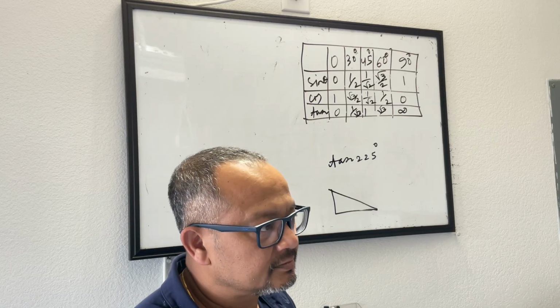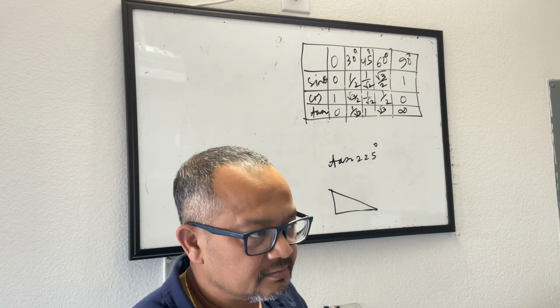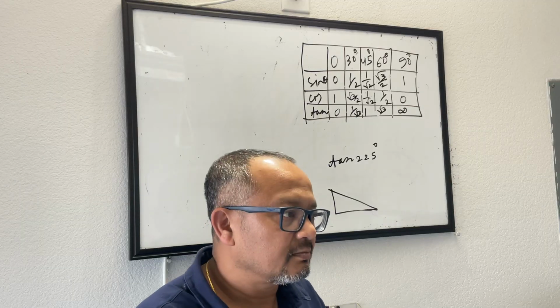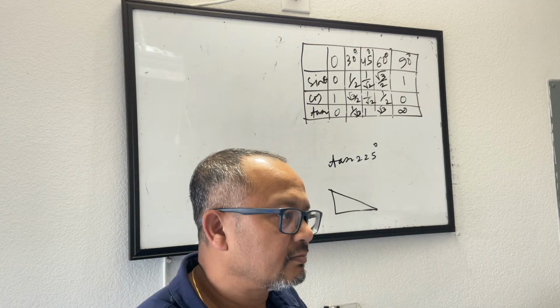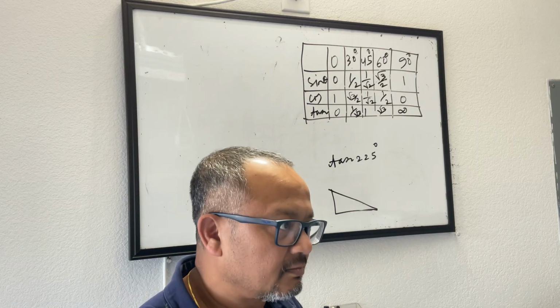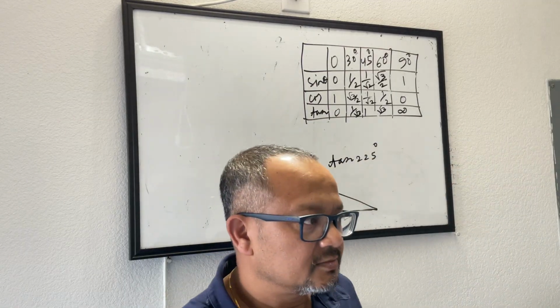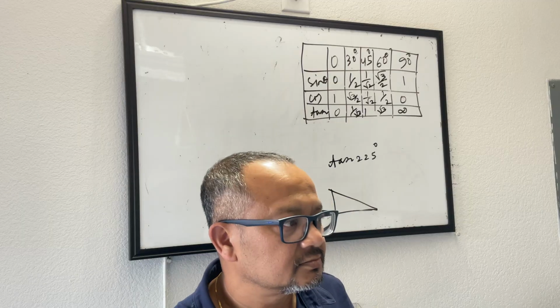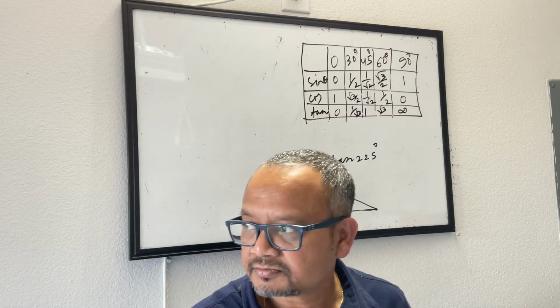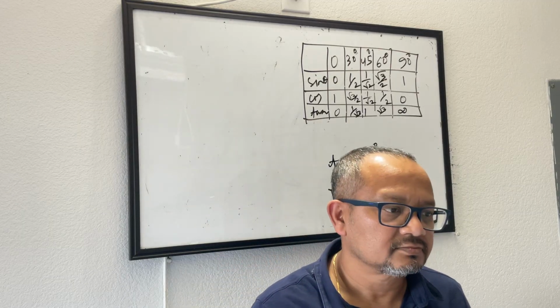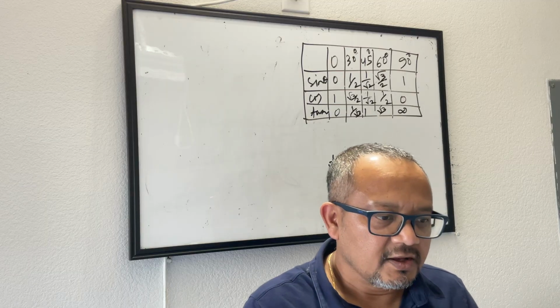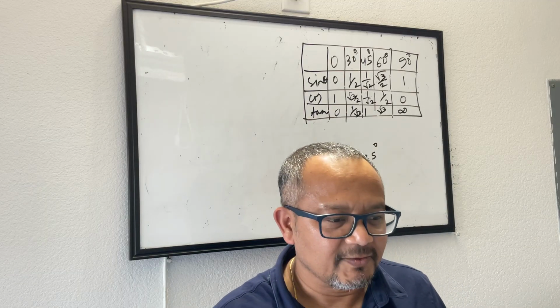Basically, 225 would be 90, 90, and then another 45. 225 minus 180 will get you an angle value of 45. So your tan 45 would be 1. So tan 225 will be 1.